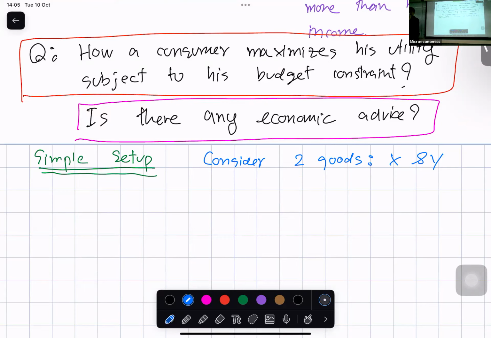We start with a simple setup to develop our thought about this problem that he faced. Suppose we consider two goods, good X and good Y, that this guy is about to purchase.